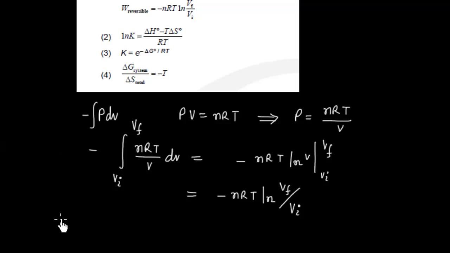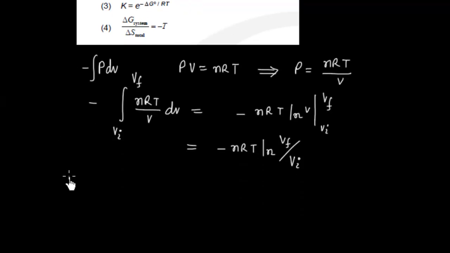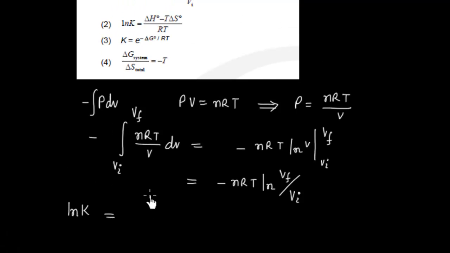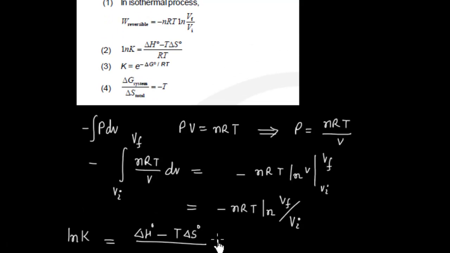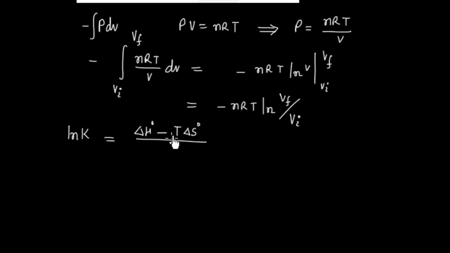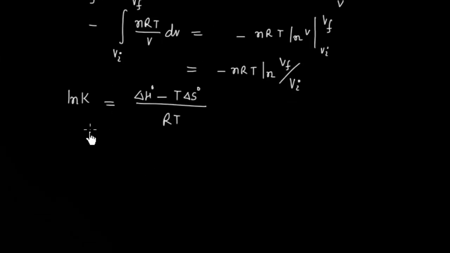Now let us check option 2. This says ln k equals delta H degree minus T delta S degree divided by RT. Now see, we can write delta G degree equals minus RT ln k.